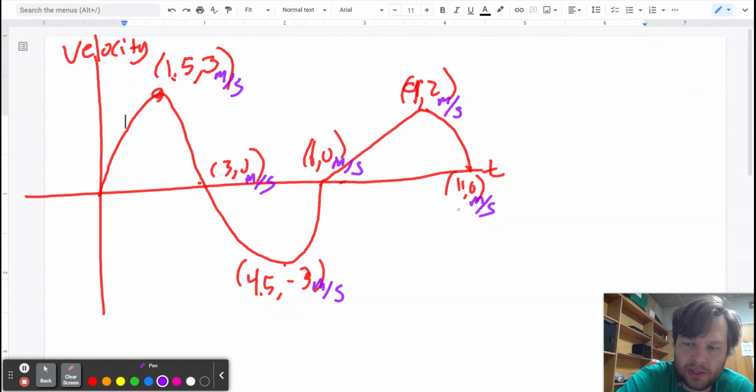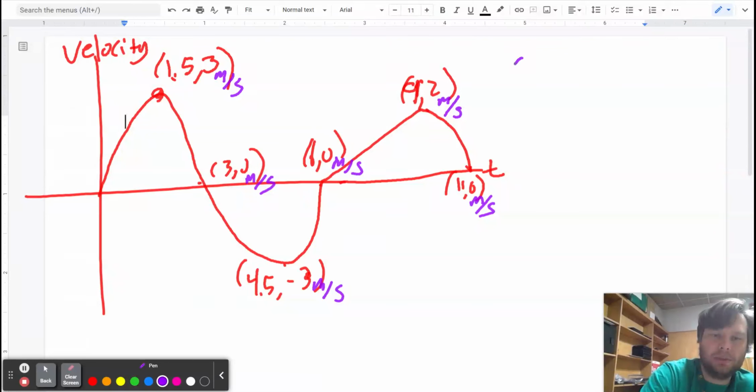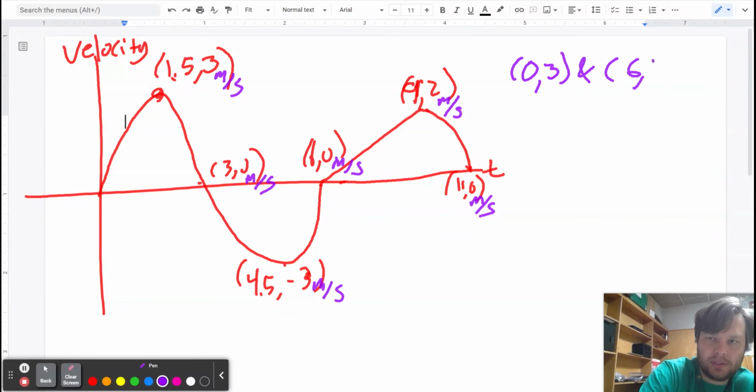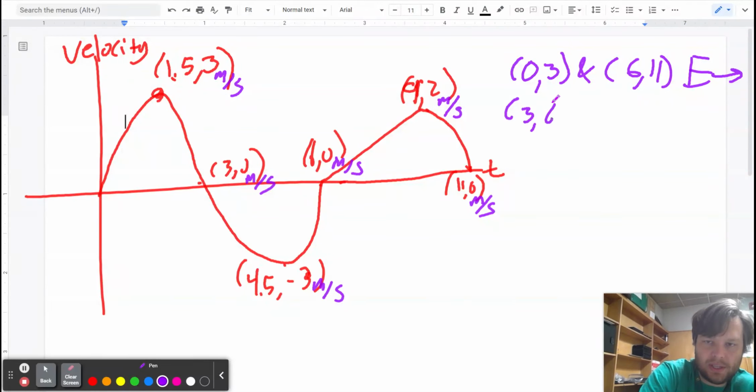And the question says that we are going east. So for all of these intervals, from 0 to 3 and from 6 to 11, we are moving east. And from 3 to 6, we are moving west.